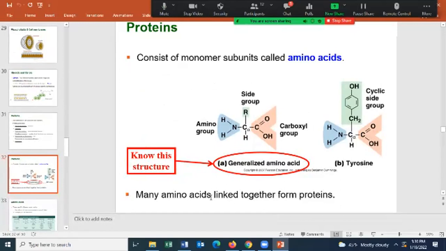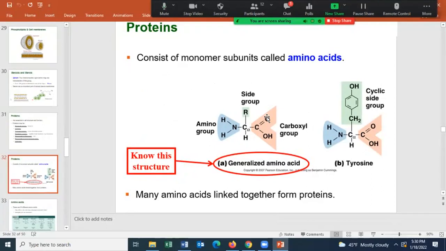All right, proteins, all of them consist of monomers, and these monomers we call amino acids. Amino acids have an amino group on one end of the central carbon and a carboxyl group on the other end.